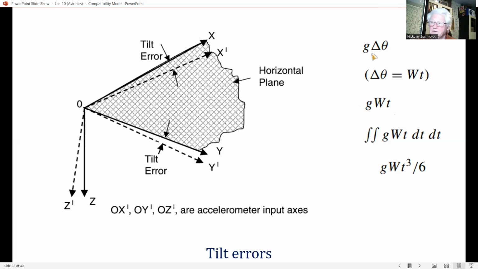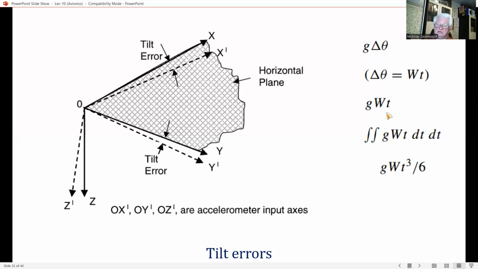Delta theta is a very, very small error. Okay? A constant gyro drift rate W will cause the tilt error delta theta to increase linearly with time. So what it means is delta theta in this case will be proportional to W times t, resulting in a gravitational acceleration error g W t.